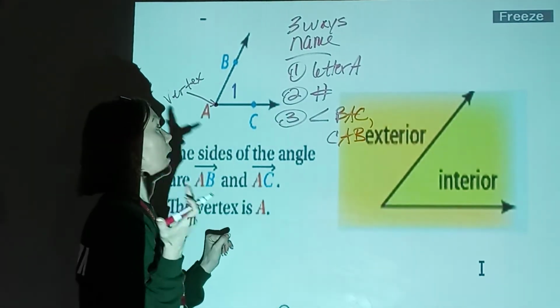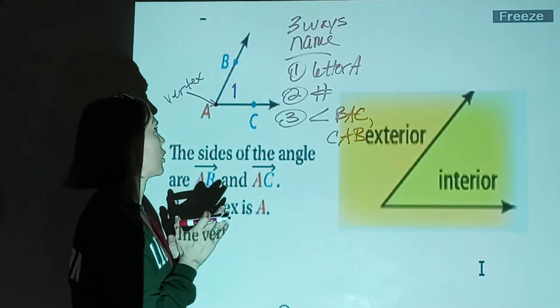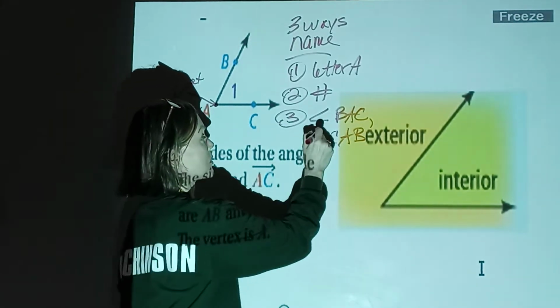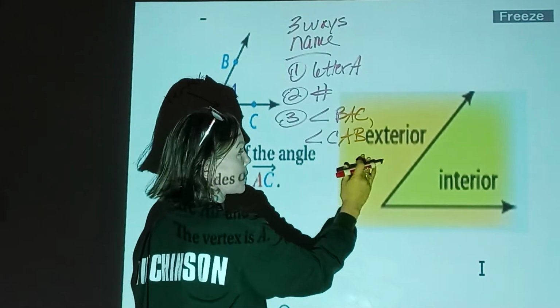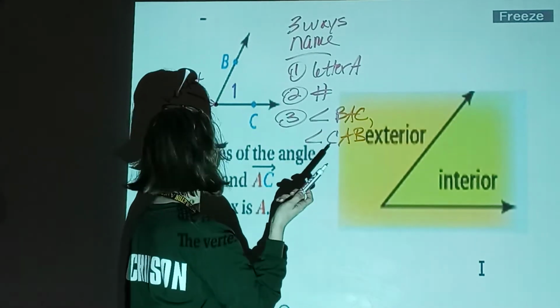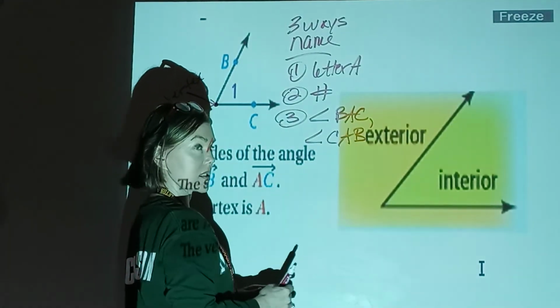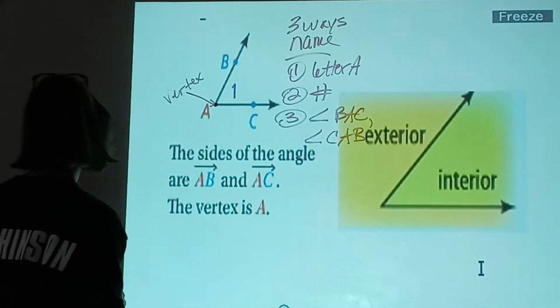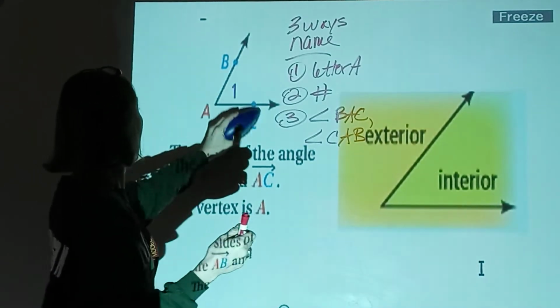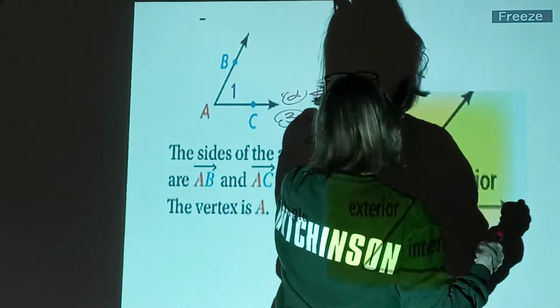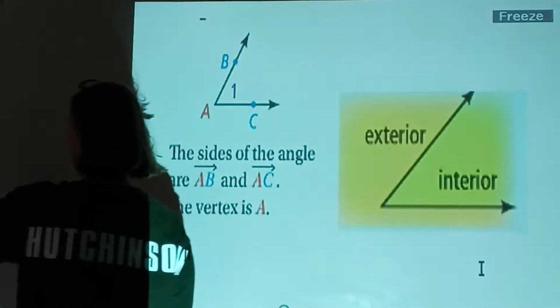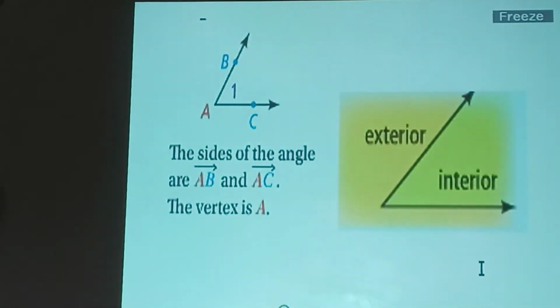It's pretty easy. Guys, you always have to make sure though, if you're choosing to name it this way, that the letter, the point that's the vertex always goes in the center, okay? So that is just naming an angle and knowing the 3 ways how to name an angle, okay?